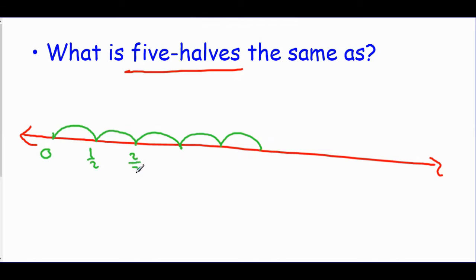Two halves is one whole, so I will write one here. Three halves is like one whole and one more half. Four halves: each two halves make a whole, so four halves is two, and five halves is like two and one more half. So I have two and one half.